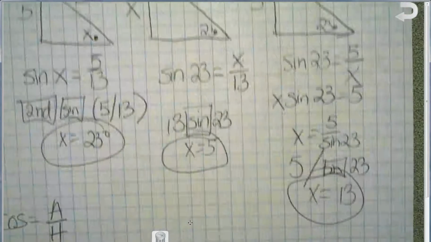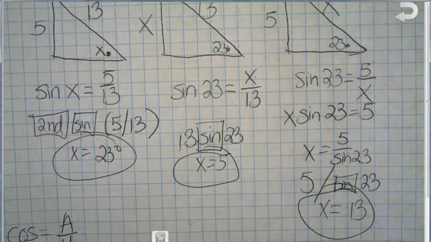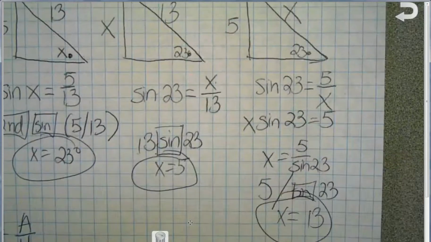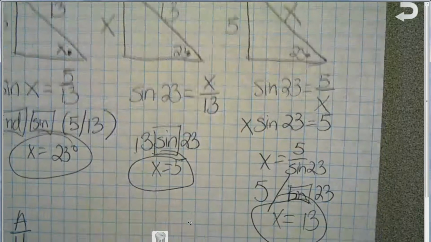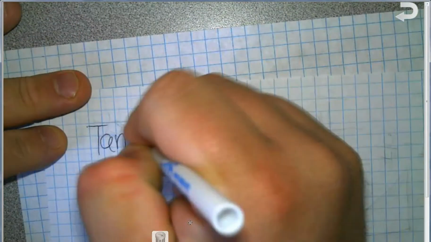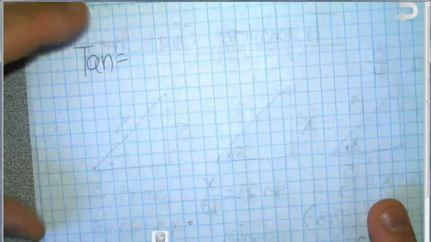Okay, so I'm hoping you're starting to see a pattern. When the x is on the angle, you do the inverse. When the x is on the top, you multiply the two things. When the x is on the bottom, you divide the two things. But we're going to make sure this works, so let's go ahead and do tangent. Tangent is equal to what two pieces?